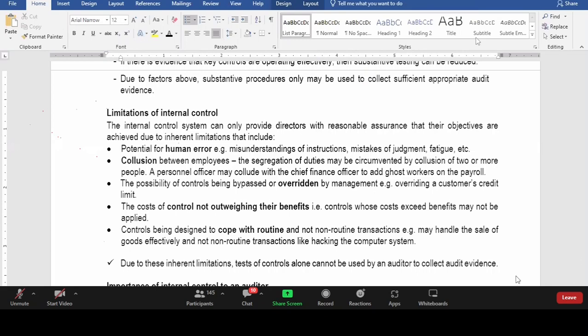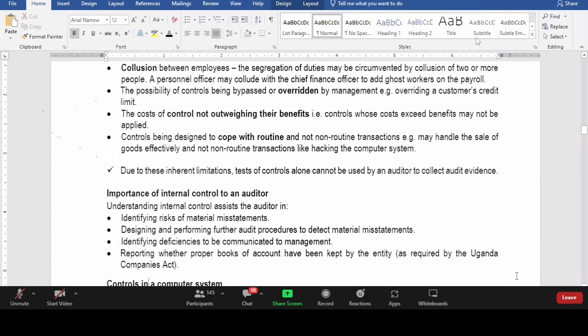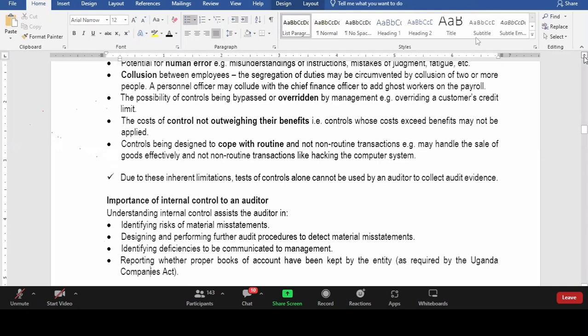Importance of control to the auditor. Why do we look at internal control?